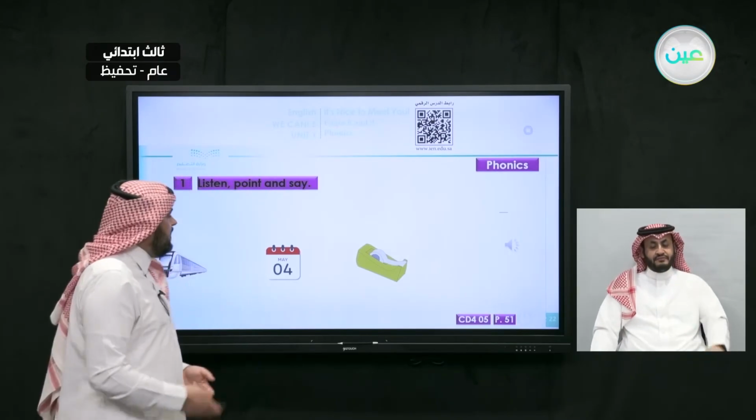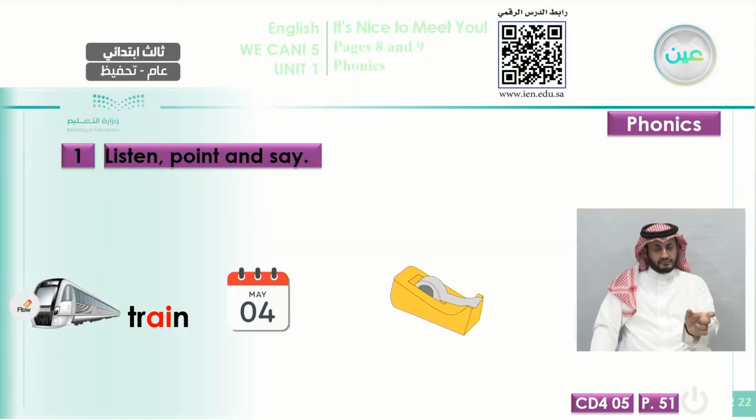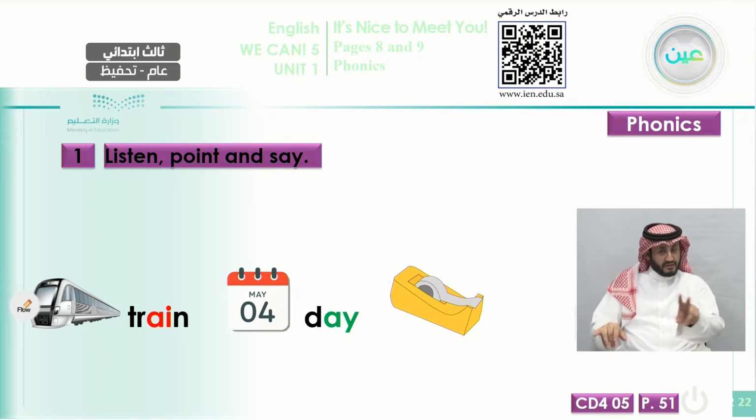Think of that and you will find out the answer. This is the train. We can spell train, T-R-A-I-N. So we say train. So A-I makes the sound A, train. Also here A-Y makes the same sound, which is A.